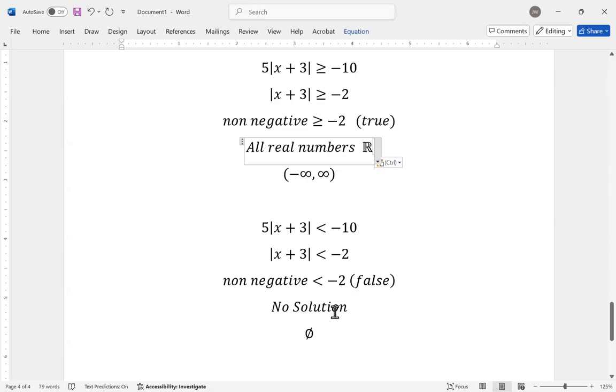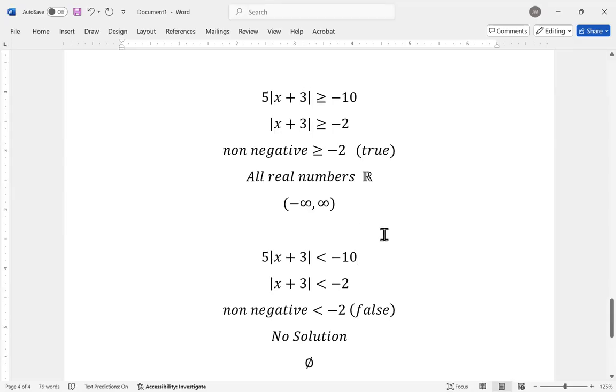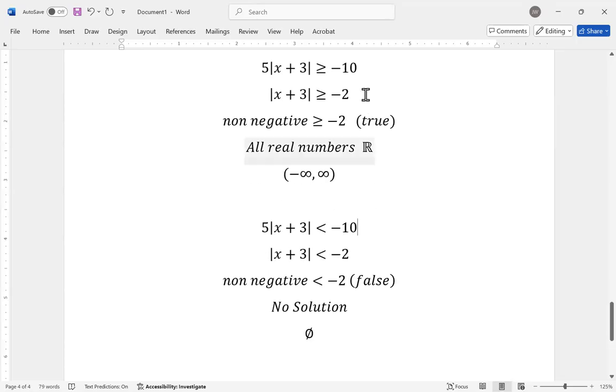So either way, empty set is no solution. Capital R with double slashes means all real numbers. So there we go. Again, I made a mistake on that very first one. When I divided by 5, I should have gotten a -2, just like I have up here now.